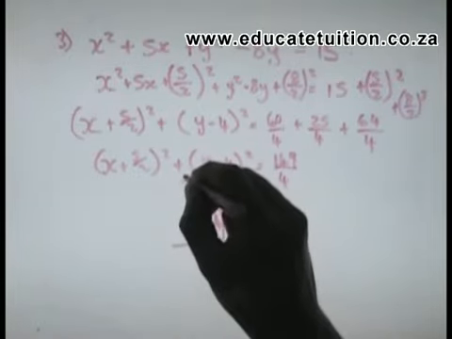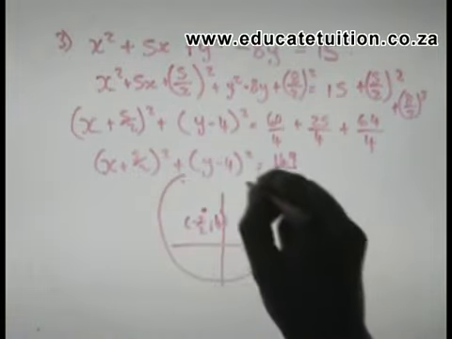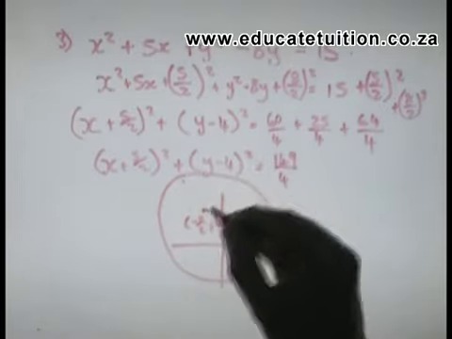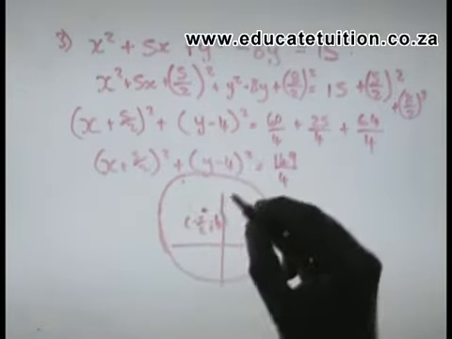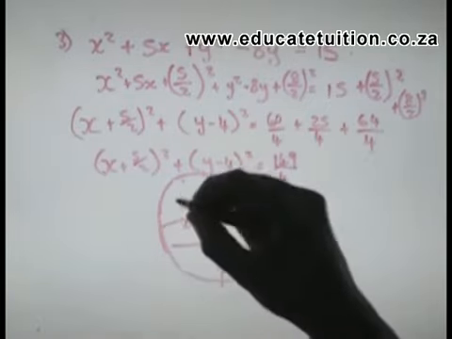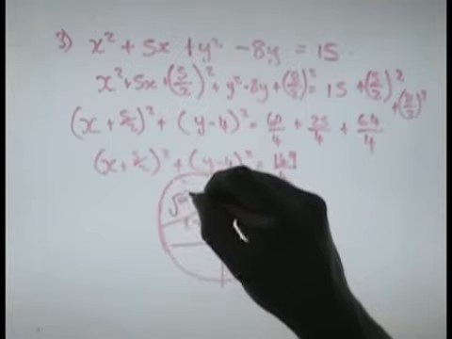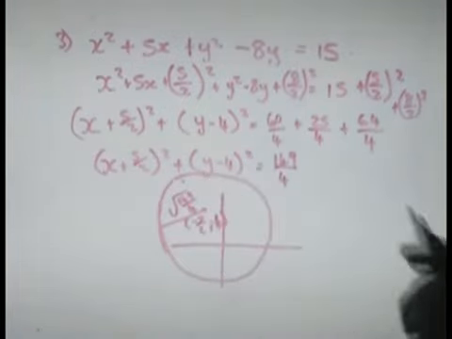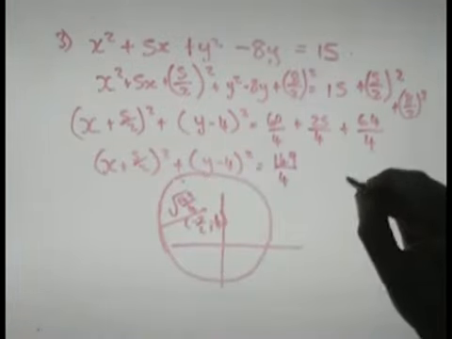And my circle is going to be quite a weird looking circle with a radius of root 149 over 4. You can simplify that if you want to.